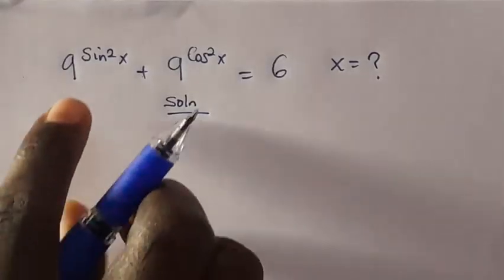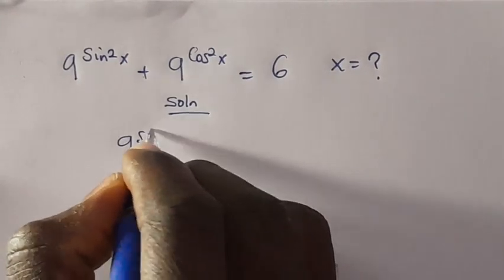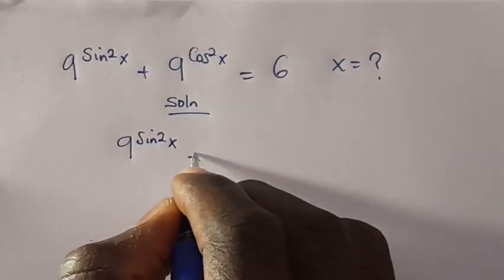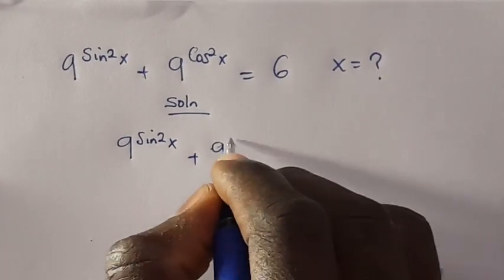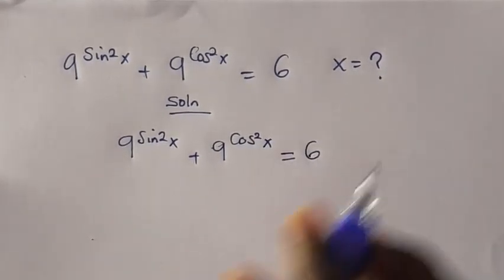So from here we have 9 raised to power sine square x plus 9 raised to power cos square x equals 6.